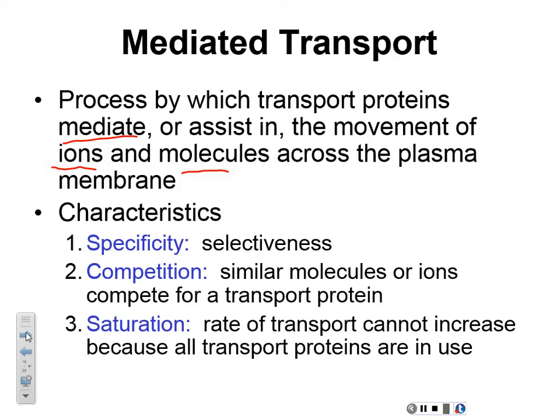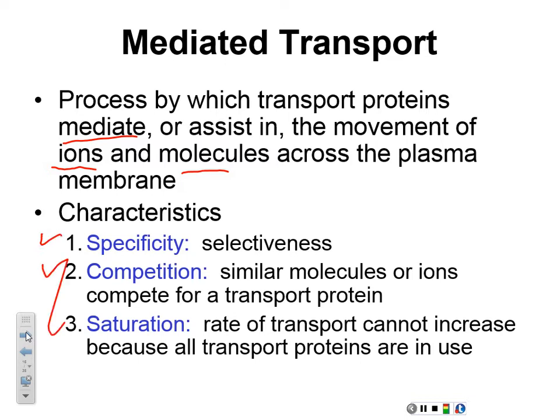You're on the right track, but what is doing the work? What is actually doing the movement here? The protein. So if you have more carrier proteins, you have a higher rate of movement. If you have less, it doesn't matter what the concentration is. Once they're all filled, that's it. That's the rate it's going to go. That's the concept of saturation.